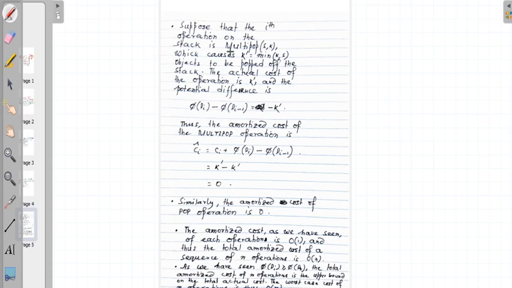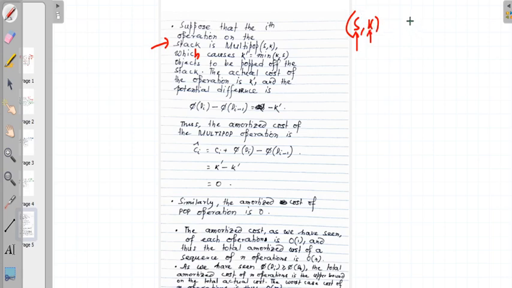Suppose that the ith operation on the stack is multipop, S comma k. Whenever I am calling the multipop operation on S comma k, that means on this stack with k number of objects to be deleted, what will be the case? The number of elements of the stack or the k.